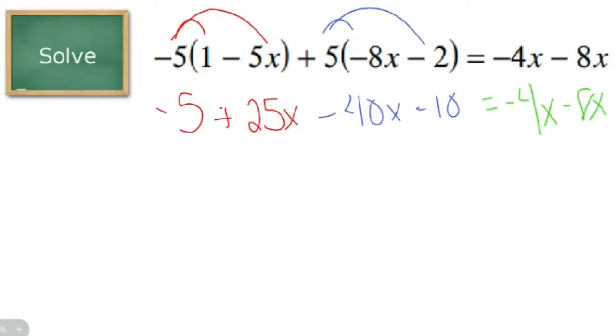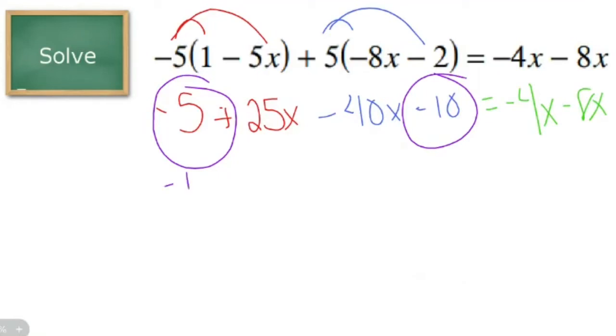Now on the left side, I have a -5. I also have a -10. I'm not going to do stuff to both sides because they're on the same side. So if I owe $5 and all of a sudden I owe $10 more, I now owe $15. Similarly, I have a positive 25x, minus 40x right next to each other. So I'm not going to do stuff to both sides because they're right next to each other on the same side.